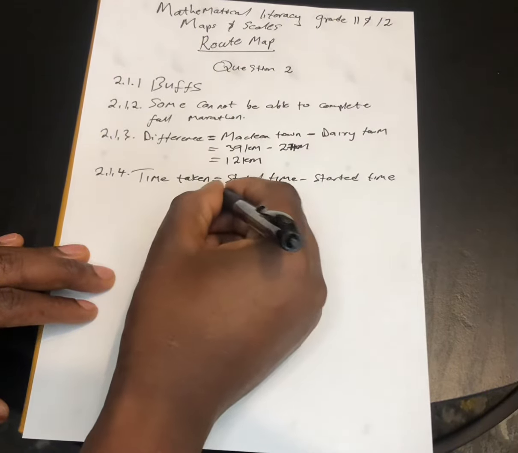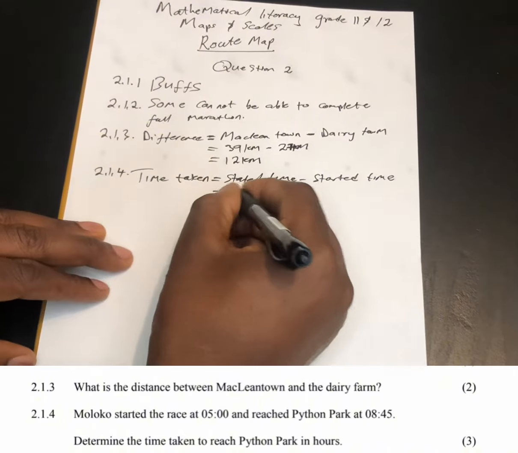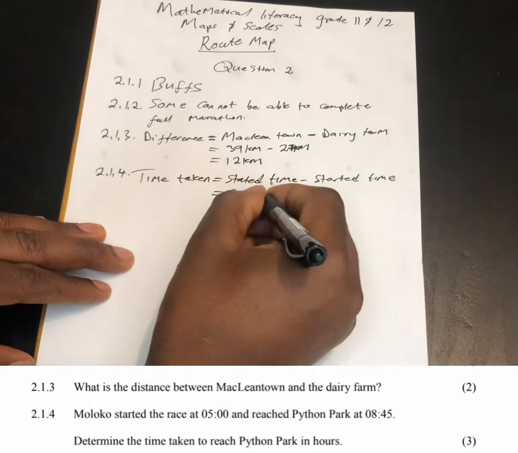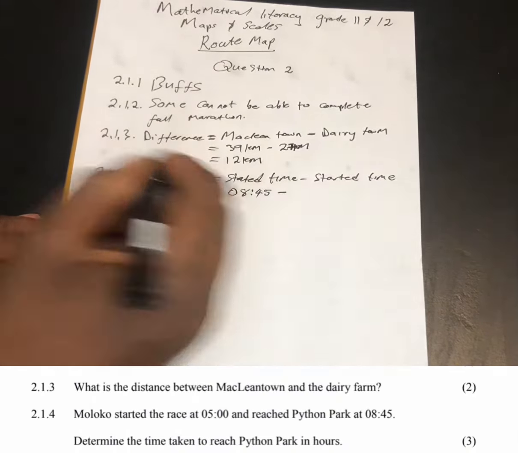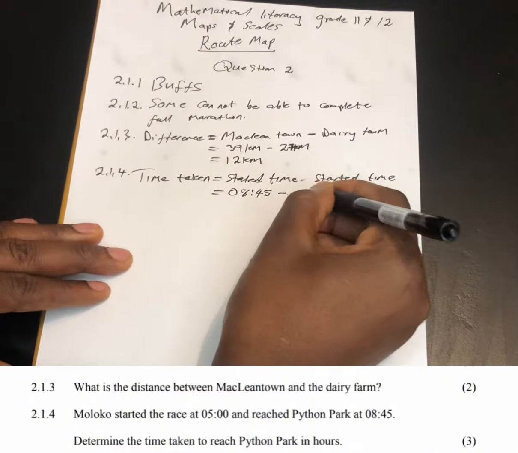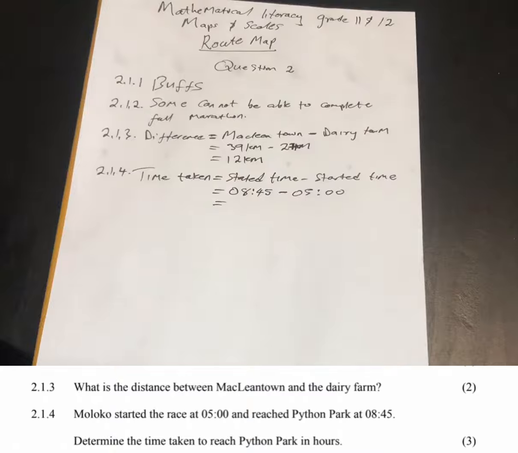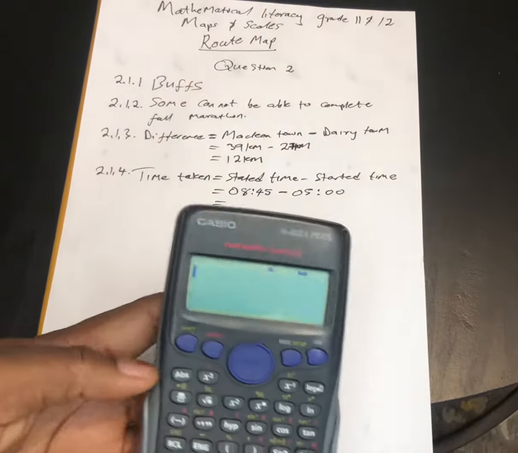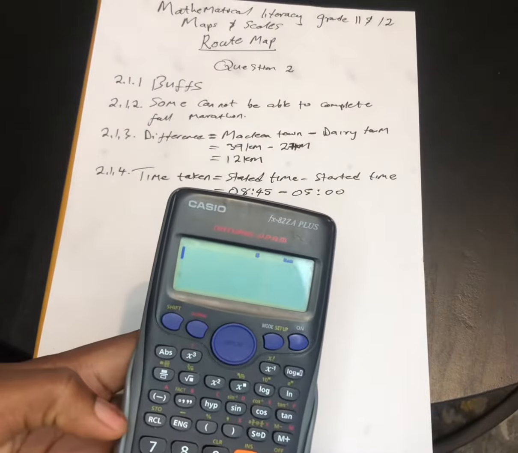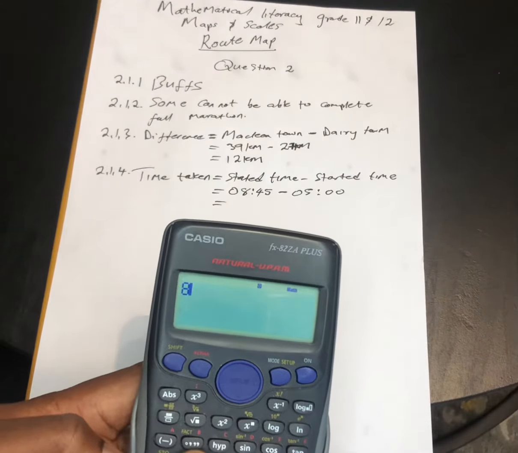So if you look at the time that they have stated in the question, it is 8:45. 8:45 minus the starting time, which was 5 o'clock. So let's check the difference. We use a calculator. We have 8, then we press this side.